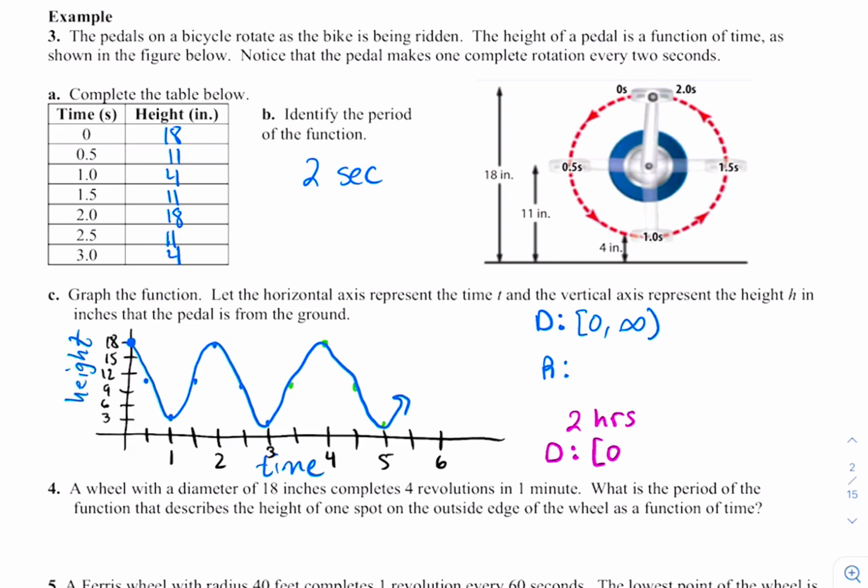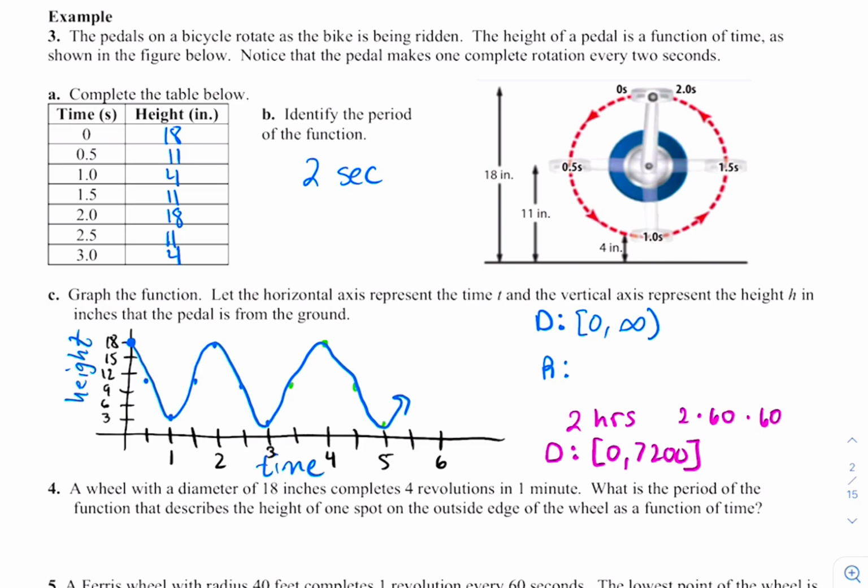So for 2 hours, to change it to seconds, I would have to multiply that by 60, which would then put it into minutes. And then I would have to multiply by 60 again to get it to seconds. So 7,200 would be my domain if I knew that I was going to be on this bike for 2 hours. But they didn't tell us that part, so for right now, I'm just going to leave it as this infinity.